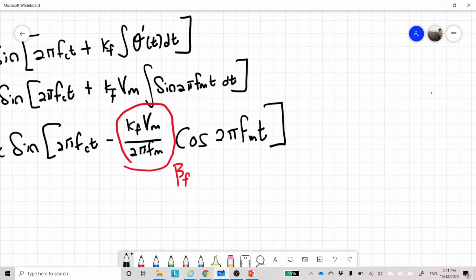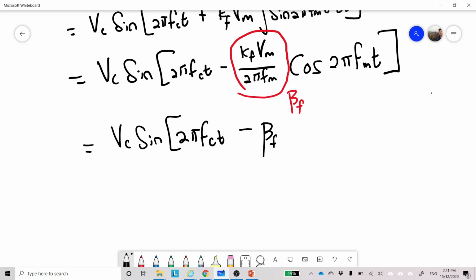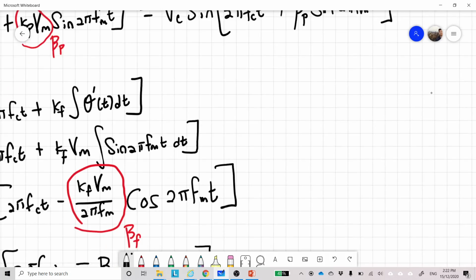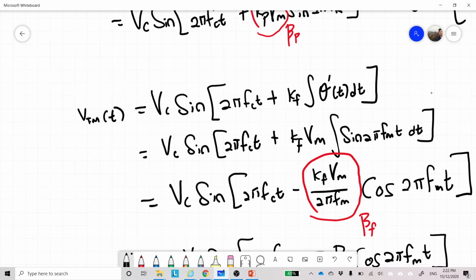Okay, sama juga dengan yang ini, kita boleh simplify the equations to be equal to VC sin 2 pi FCT minus beta F cos 2 pi FMT. Okay, so again this parameter the unit is in term of volt. Okay, ini unitnya adalah volt sebab dia adalah VMT, VF dalam sebutan voltage sebenarnya.